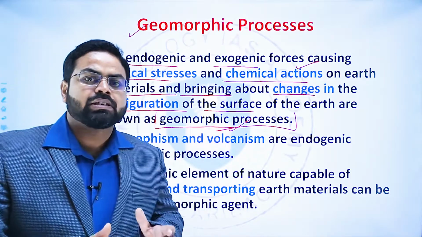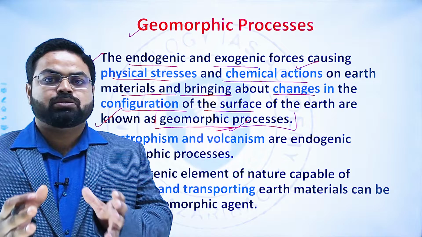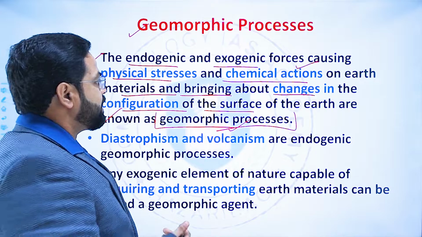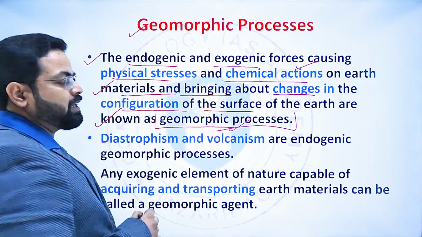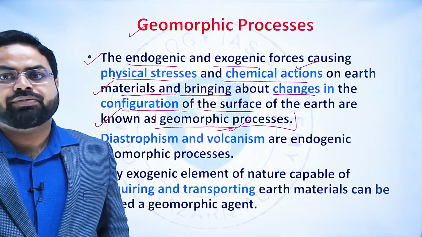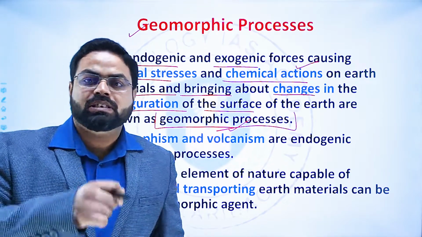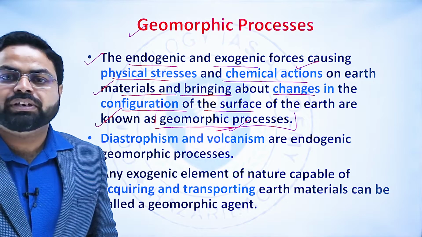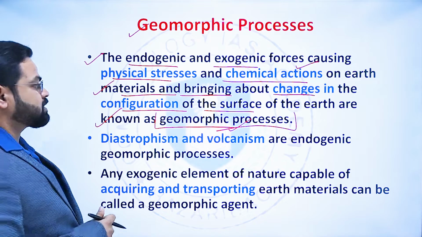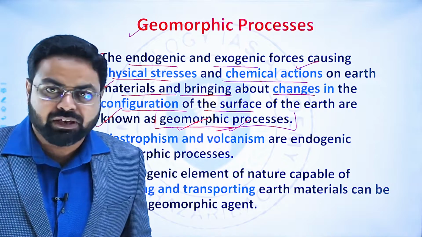Because of these two effects, physical stress and chemical action, there will be changes in the material of the surface of the earth, and due to this there will be changes in the configuration of the landscape, the physical features of the earth's surface. This whole combined process is known as the geomorphic process.